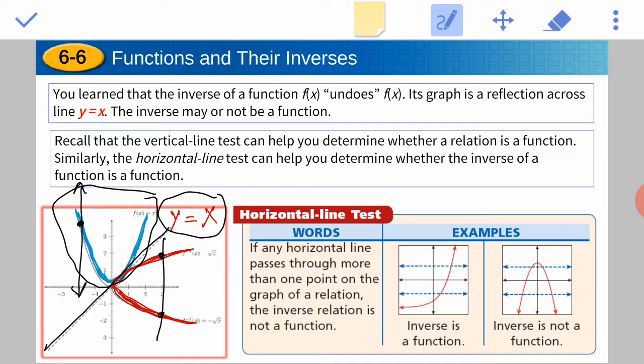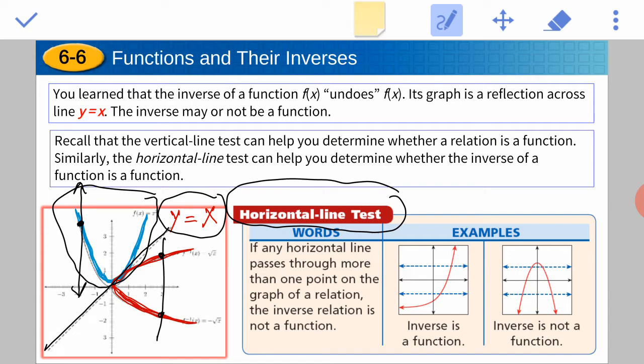So guys, in conclusion, the inverse of a function is not necessarily a function. Sometimes it's a function, sometimes it is not. To determine whether the inverse of a function is a function or not, we apply something called the horizontal line test. What is the horizontal line test?